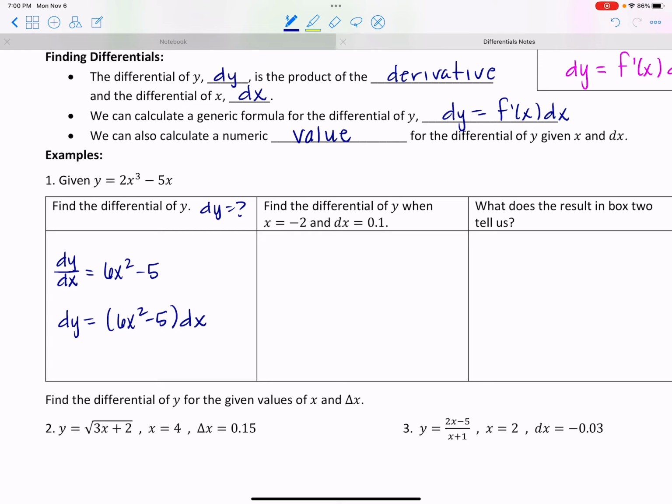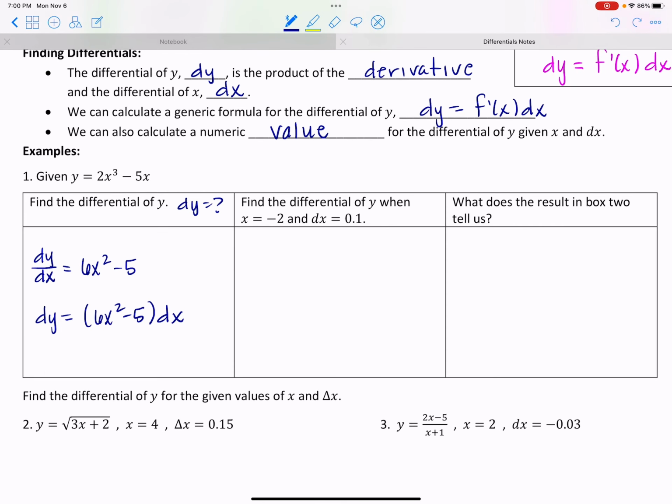Okay, now this generic formula is going to give me any change in y values if I know a specific x where I'm looking and the change in x values that I'm looking at. Okay, and again, we're going to put some numbers to this and hopefully it'll make sense. So here, in the second box, we're going to find the differential of y when x is equal to negative 2, and dx, which is the change in x, is equal to 0.1.